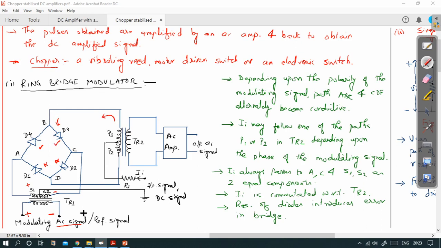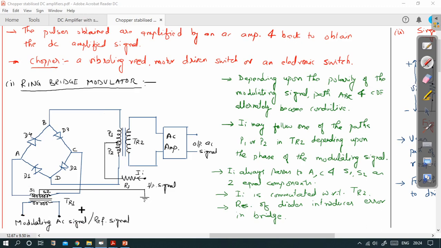Since this is an AC signal, this will occur when the AC signal is in the positive half of the cycle. Now when it reverses its polarity, these polarities will reverse.